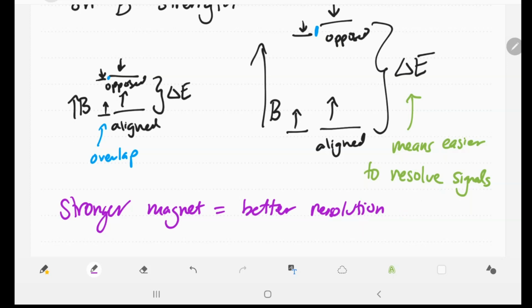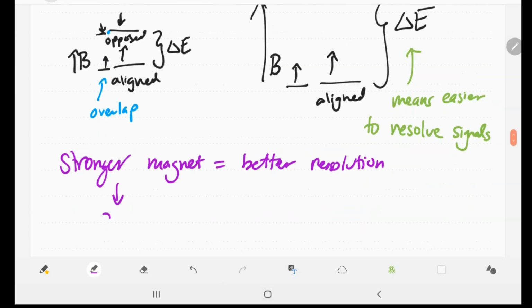And of course, to have a stronger magnet, that means stronger wallet, right? So we're going to see here that for Proton NMR, you can get away with using a fairly cheap, and by fairly cheap, I mean tens of thousands of dollars, because hydrogen is so abundant and all that.